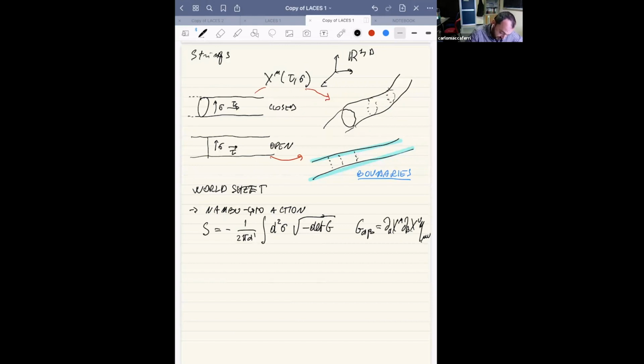Okay, so you see that this action is the generalization of the point particle action for the geodesic equations. So it's immediate to see that the classical solution of this action will be minimal area surfaces.